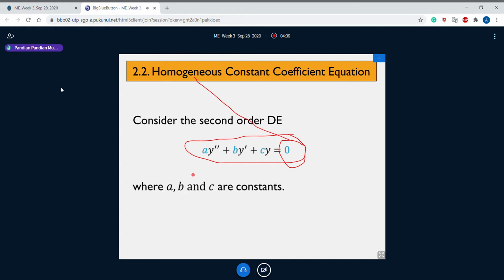This a, b, c is referring to constant coefficients. So the differential equation a y double dash plus b y dash plus c y equals 0 is the homogeneous constant coefficient ordinary differential equation, with a, b, c being the constants.